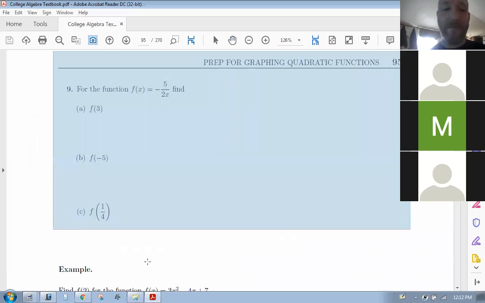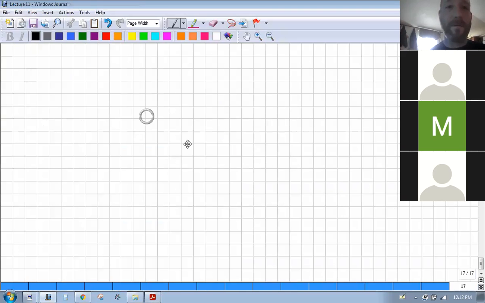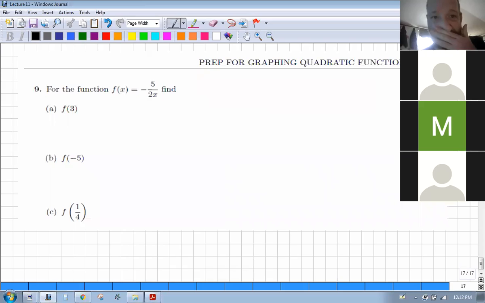All right, on page 95. Okay, for the function f of x equals -5/2 x, find f of 3. F of 3, we're just replacing the x with a 3.